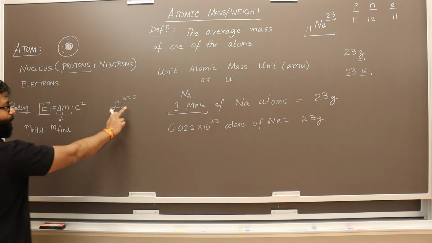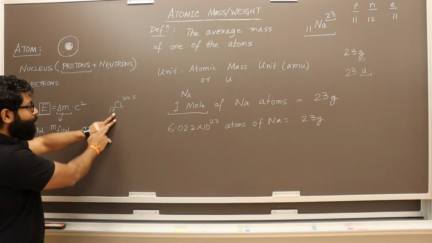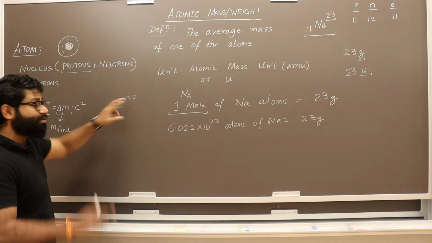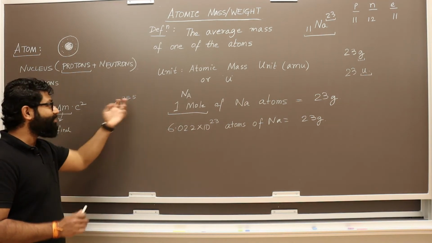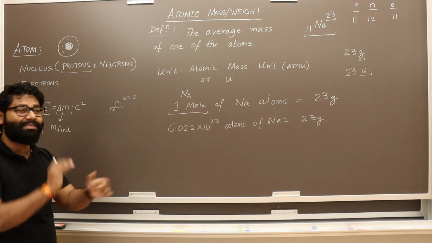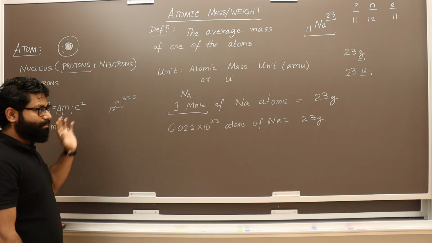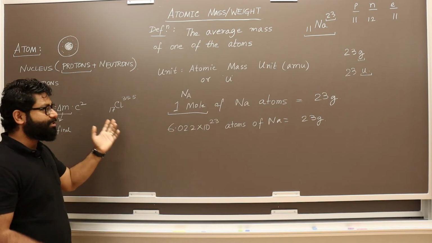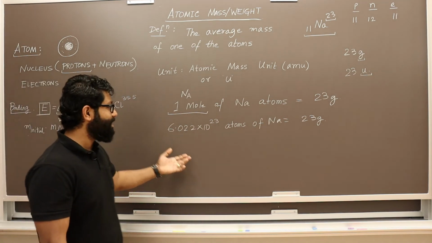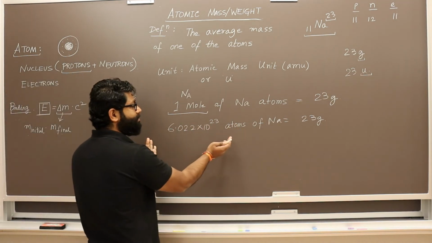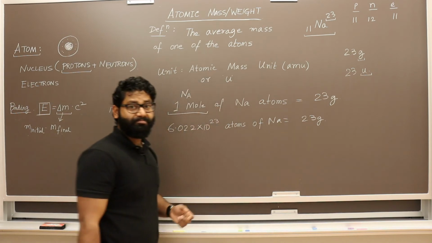What does this mean? 1 mole of chlorine atoms will give you 35.5 grams. Why 35.5? Again, natural abundances, different kinds of isotopes, right? So that was discussed before. Like why do we have the decimal? But for here, please understand that these many atoms will give you 23 grams.